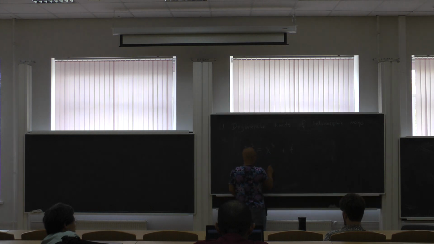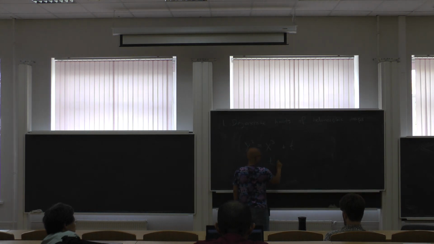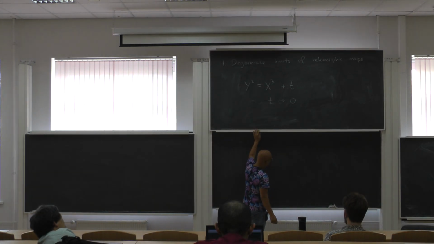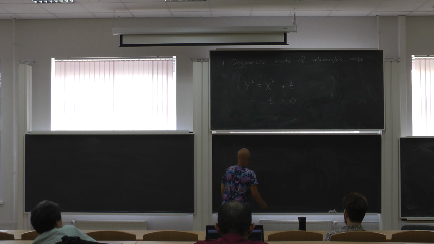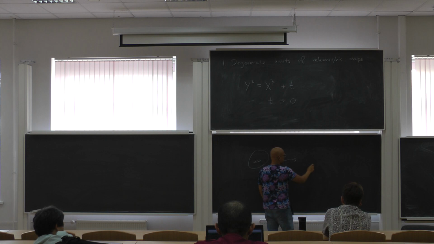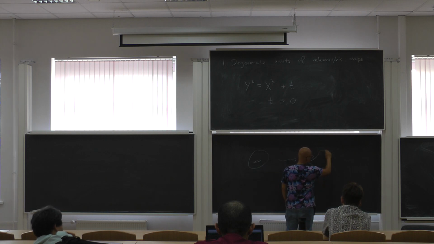Well, if you look at the family of curves y squared equals x cubed plus t, and you look at this family as t goes to 0, then, well, what do you see? It's somehow a genus 1 curve, which degenerates as a cuspidal rational curve.